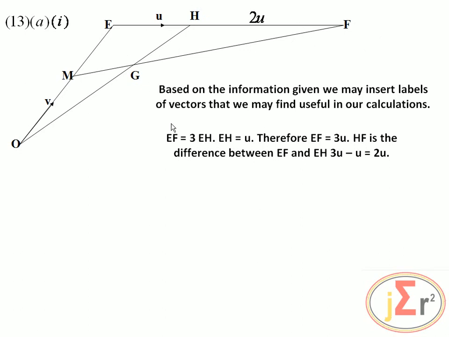Right. So EF is 3, EH is equal to U. Therefore, EF is 3 times U. HF is the difference between EF and EH, which is 3U minus U, which is equal to 2U.